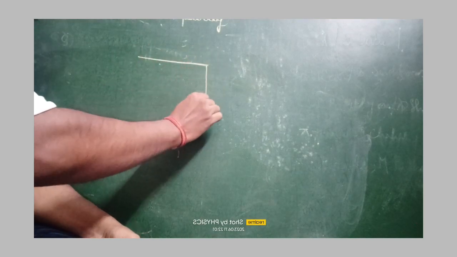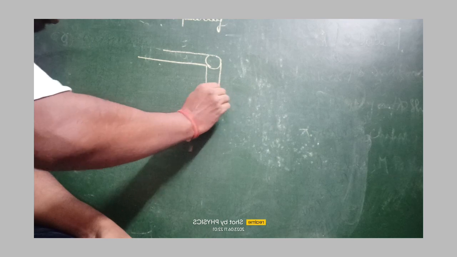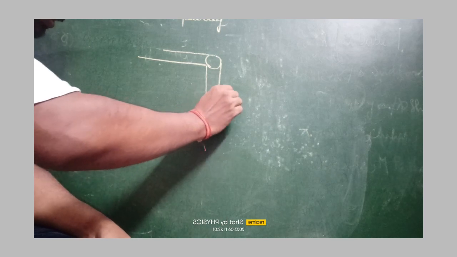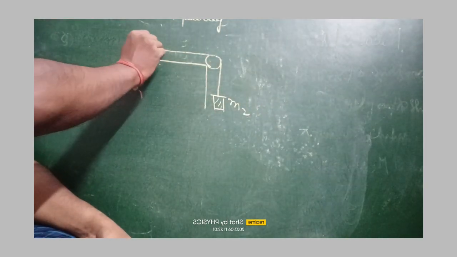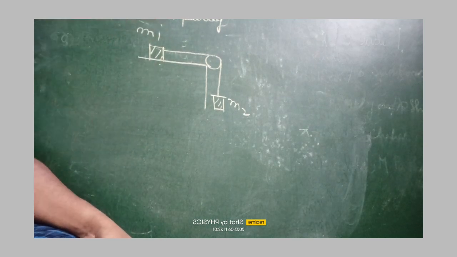Now let's change its condition. It is a table, right? This is a pulley, a thread connecting two blocks. It is M2 and this is M1.